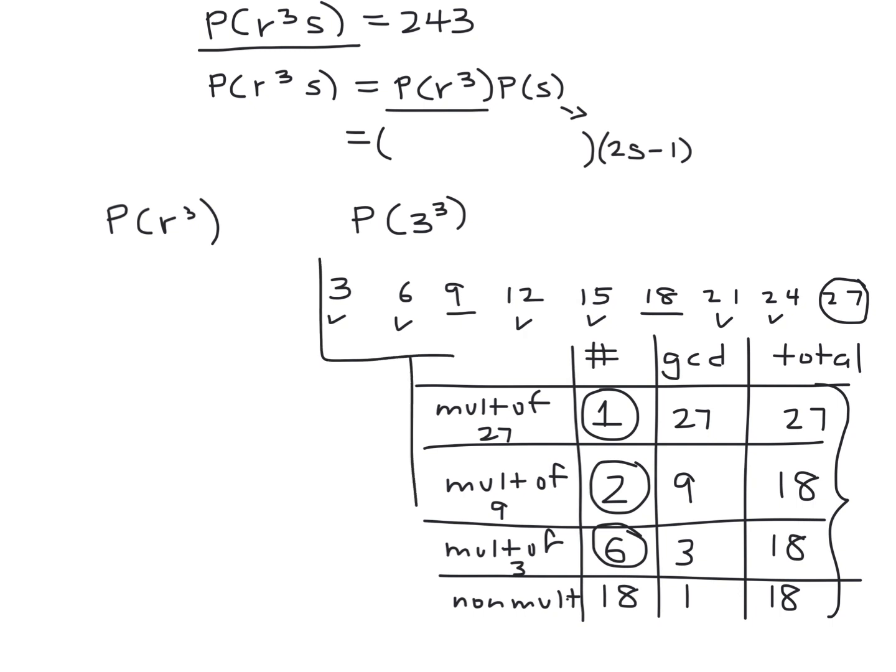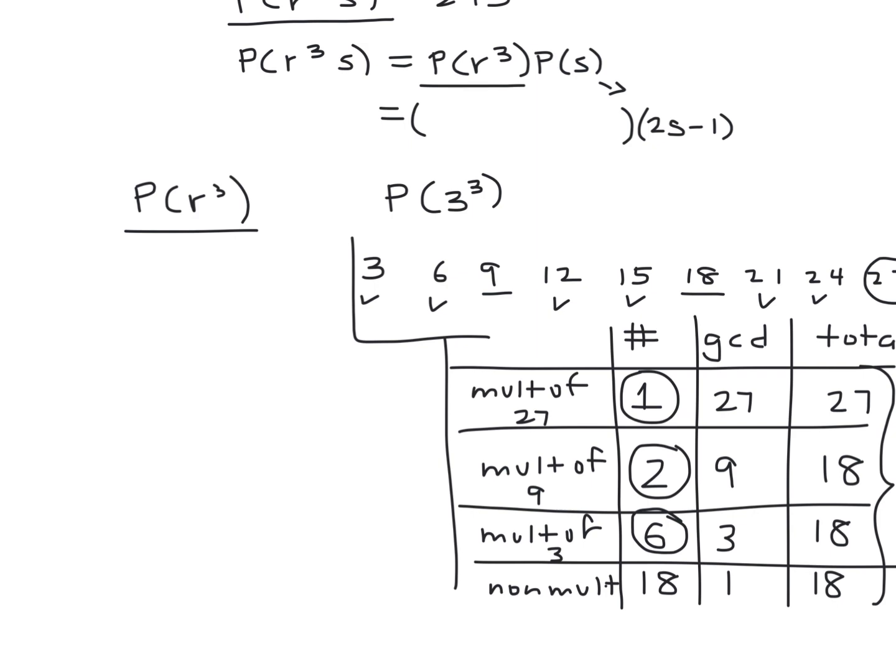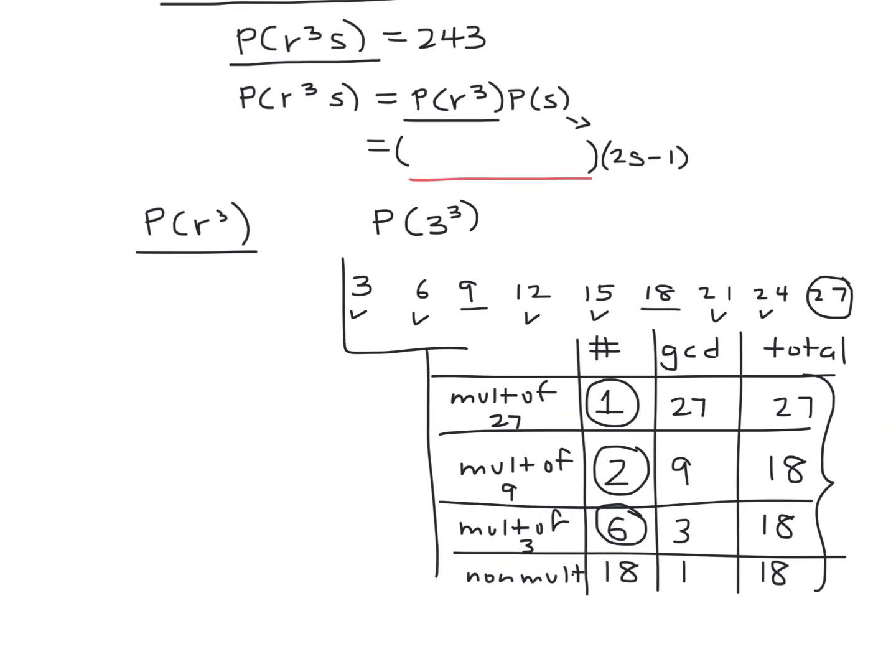Now I will turn my attention to the R, because the R is what we're interested in. The R is what we have to put right here. So let's do the same thing, but this time we'll use R. Total, GCD, number.